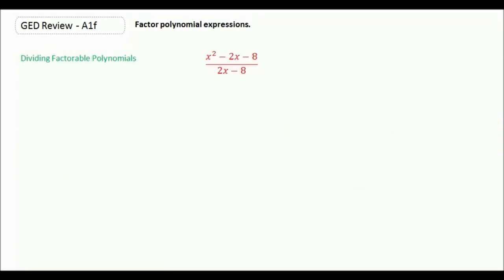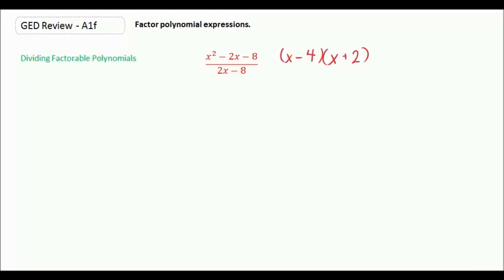Now we have a polynomial in our numerator and our denominator. So what we can do is factor both of our polynomials and see if we can simplify the expression at all. On top, we have x and x. We need to find two numbers that multiply to -8 and add to -2.